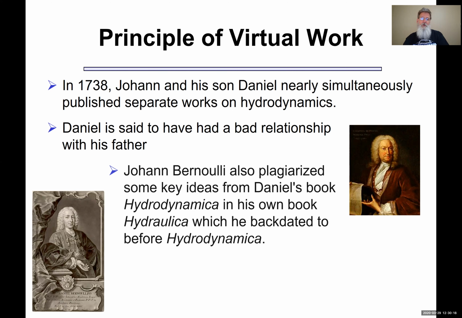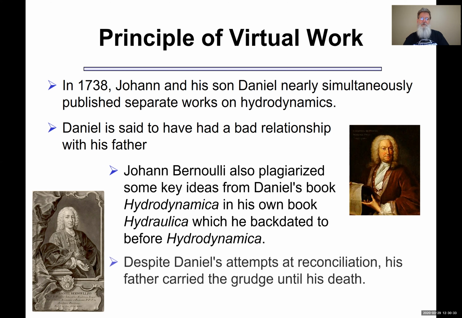So later on, it was found out that Johann actually plagiarized sections of Daniel's book, Hydrodynamica, into his own book, and then backdated it to try to get the credit for developing that.